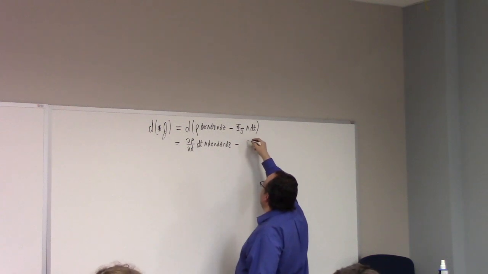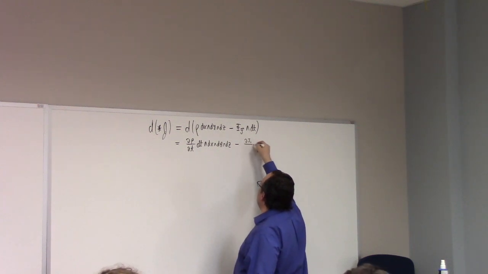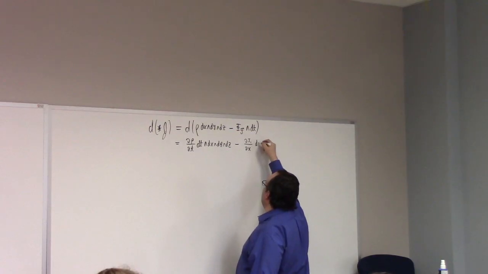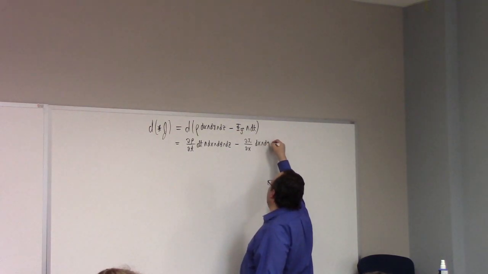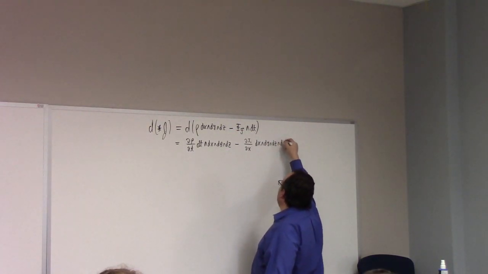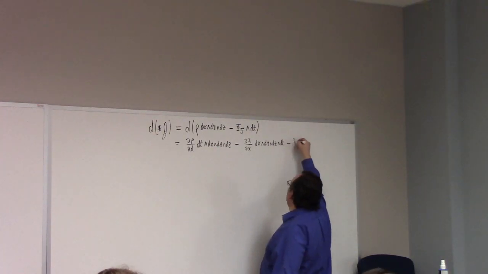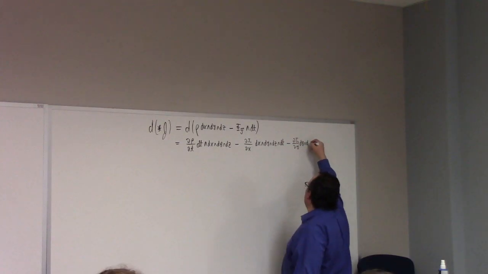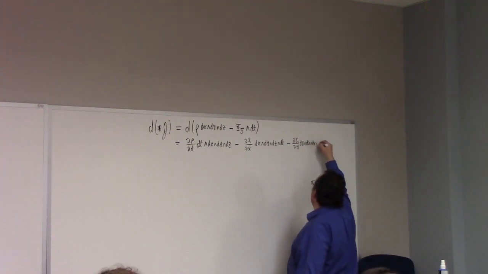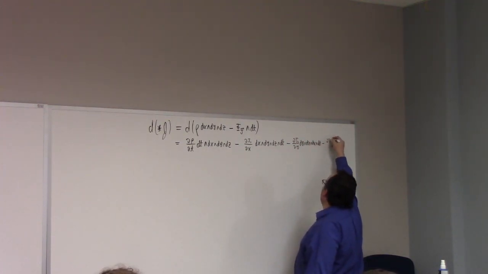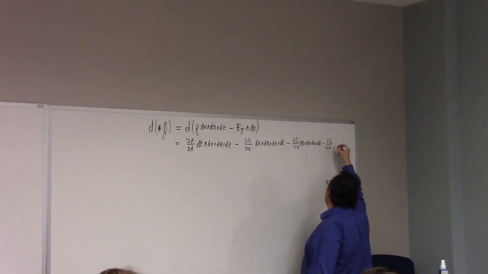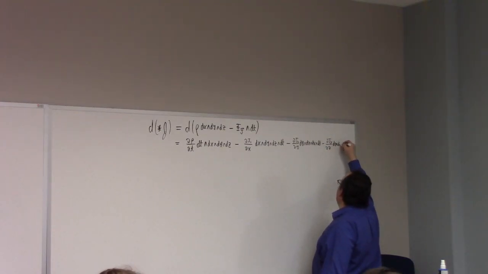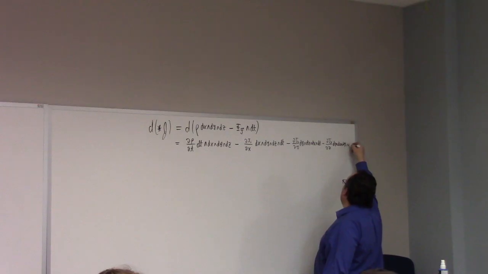So check it out. We're going to have partial j1, partial x dx wedge dy wedge dz wedge dt, minus partial j2, partial y dy wedge dz wedge dx wedge dt, minus partial j3, partial z dz wedge dx wedge dy wedge dt.